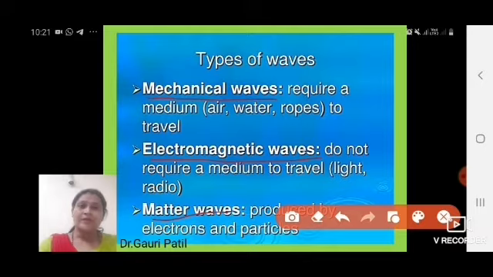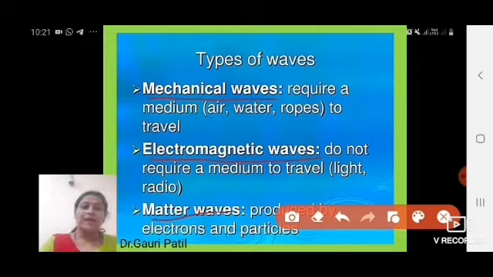Do you know what is meant by a mechanical wave? A mechanical wave is a type of wave which needs a medium to travel. Examples of these waves are air waves, water waves and rope waves. Mechanical waves are divided into two types, transverse wave and longitudinal wave.